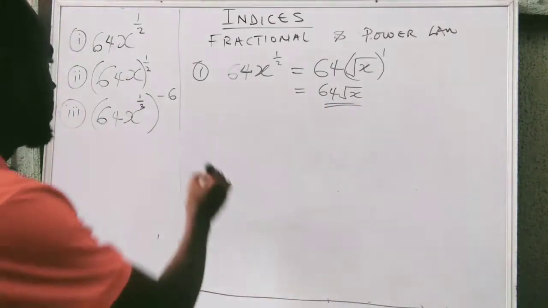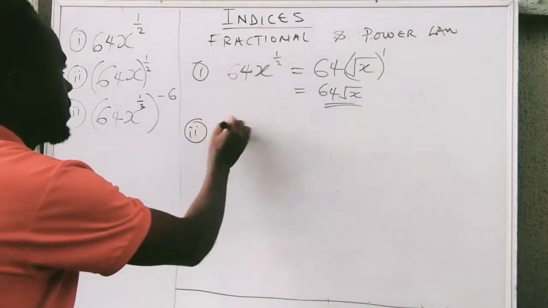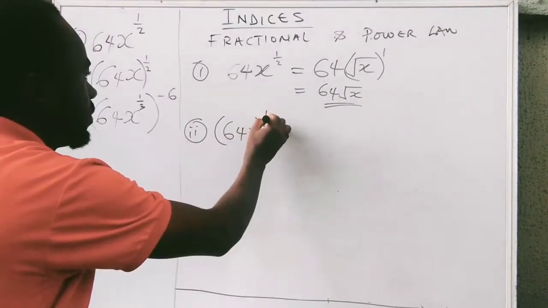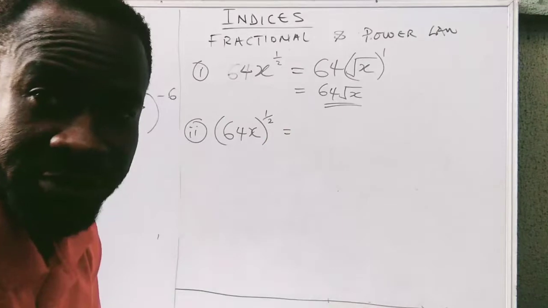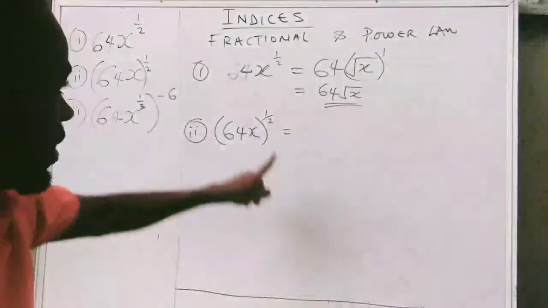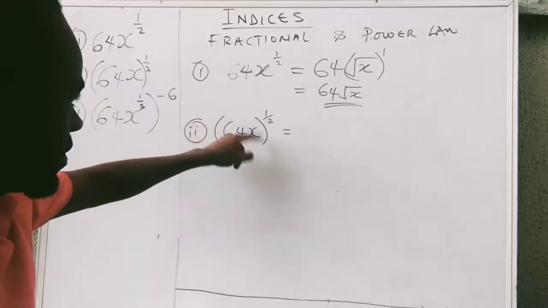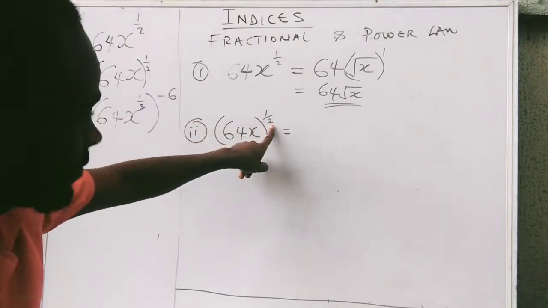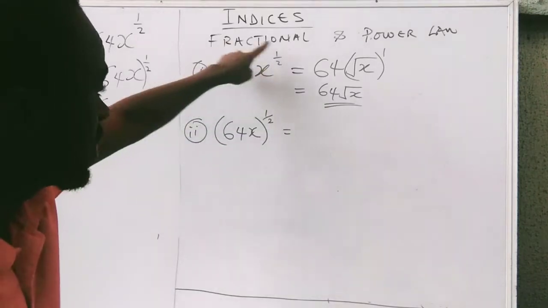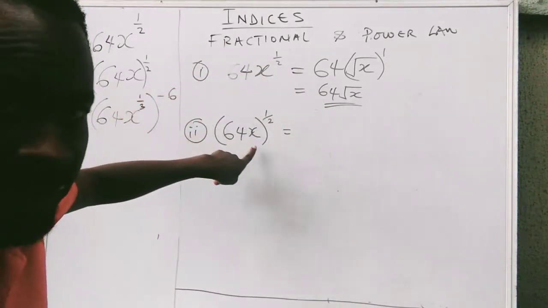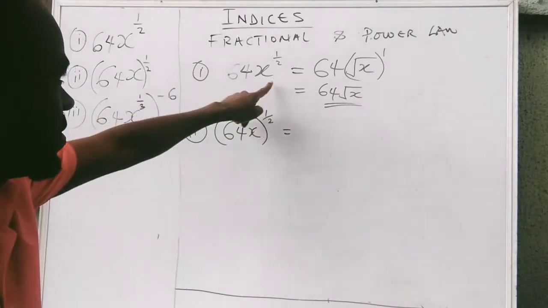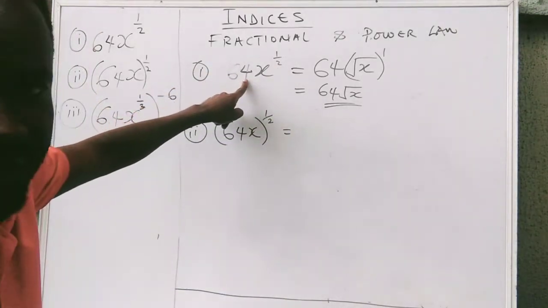Now for the second one, we are having 64x all in bracket to the power of half. Now the difference between this and the first one is that here we are having a parenthesis, and this half is affecting both 64 and x, which means the fractional law will affect both 64 and x, unlike the first one where it is only affecting x.